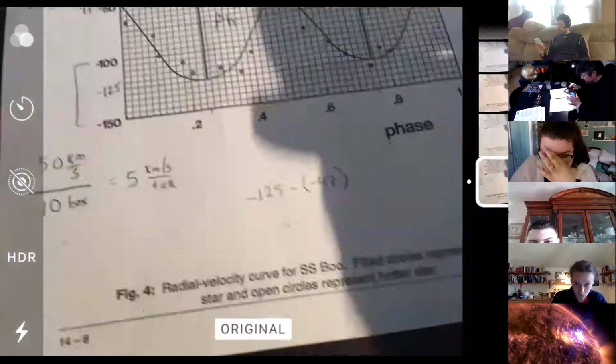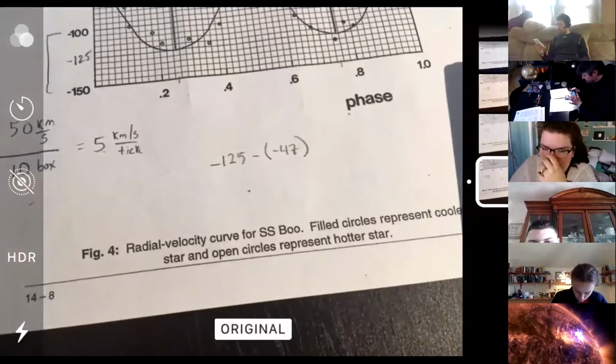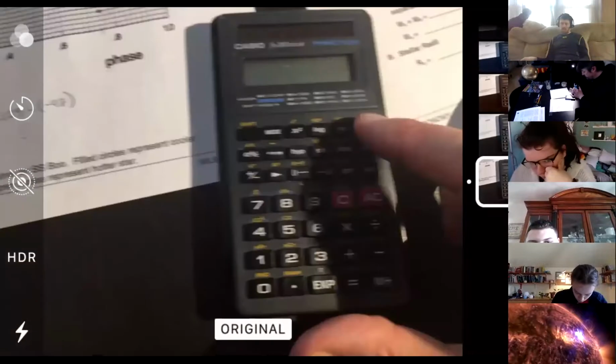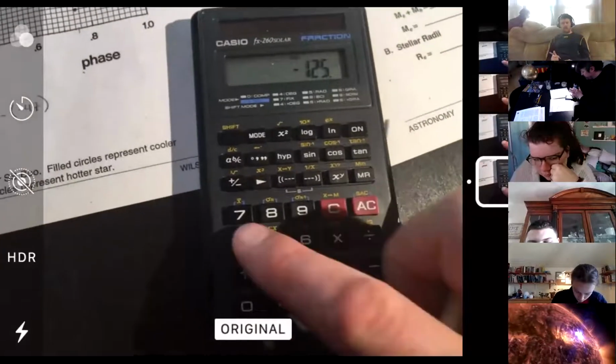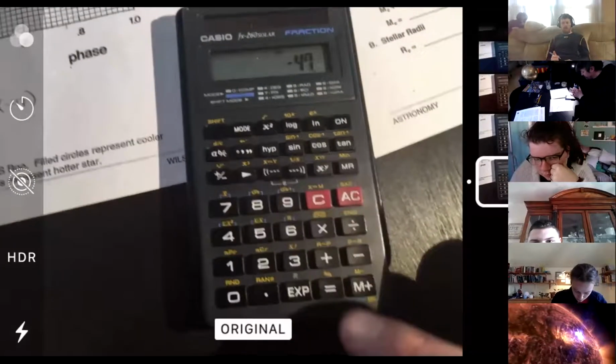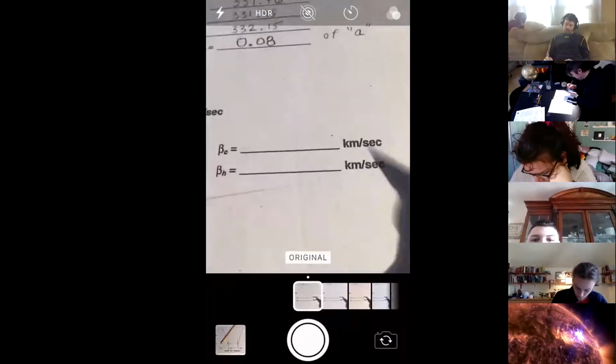That gives us negative 78, and that's going to be both beta hot and beta cold because they both have the same trough. This is the most confusing part of this lab.